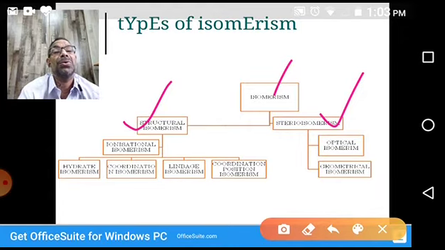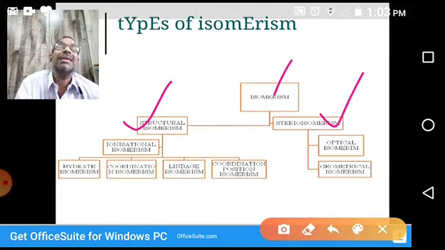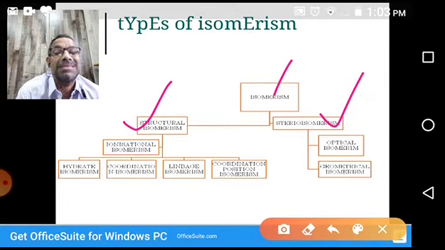Even though two compounds have the same molecular formula, due to difference in bonding connectivity, structure, or arrangement of atoms, there is a difference in properties of the compounds. Those compounds are called structural isomers, and the phenomenon is called structural isomerism.